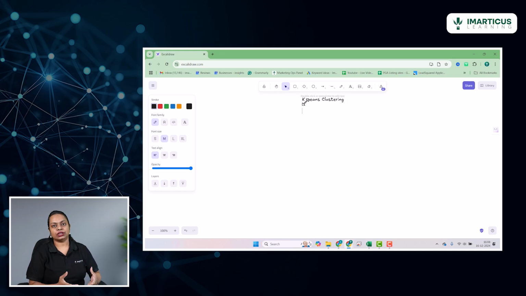Firstly, what is clustering? Clustering is where you have been given entirely unsupervised or unlabeled data, where all you have is the x set of values.